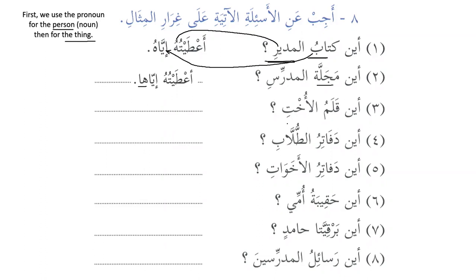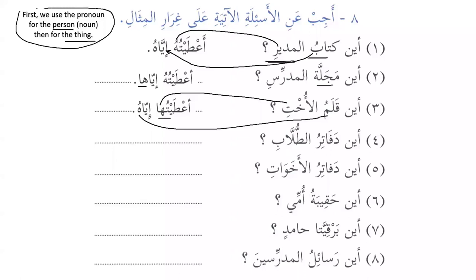Excellent. So now we see that ha refers to the sister, and إياه refers to the pen. So if we focus on this rule, inshallah, the exercise will be much easier for us to do.